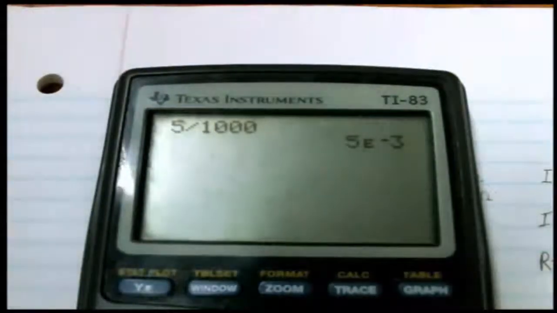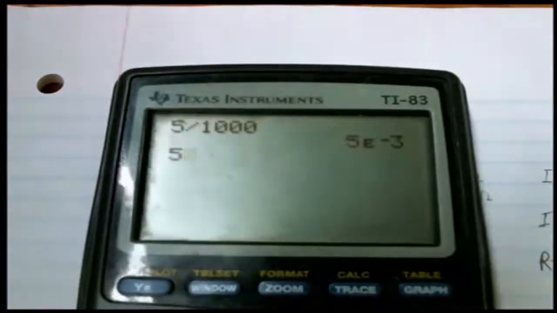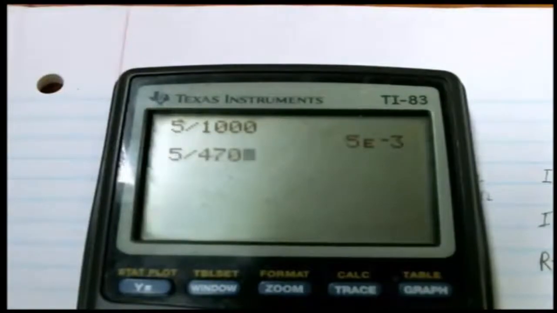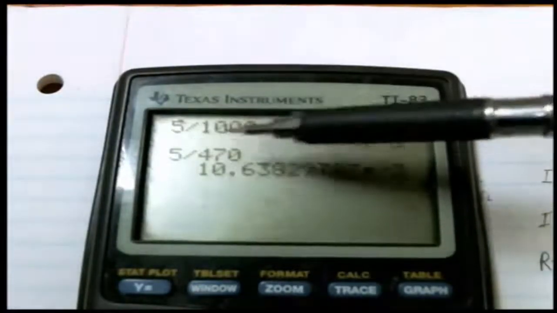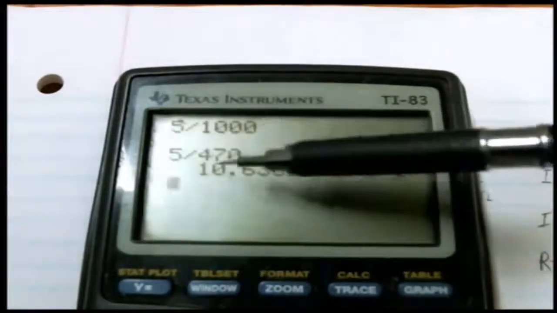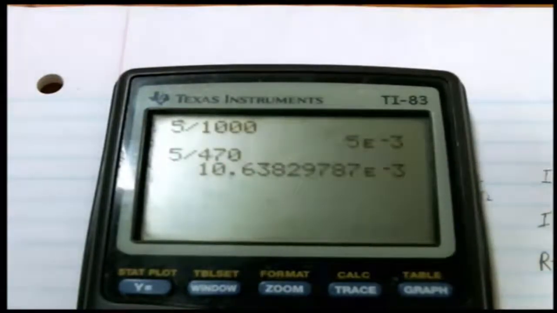And the current through R2, using the formula voltage divided by R2, is 10.6 milliamps.